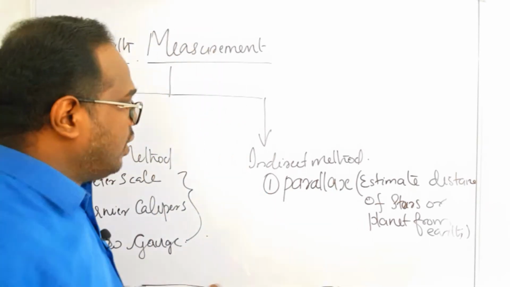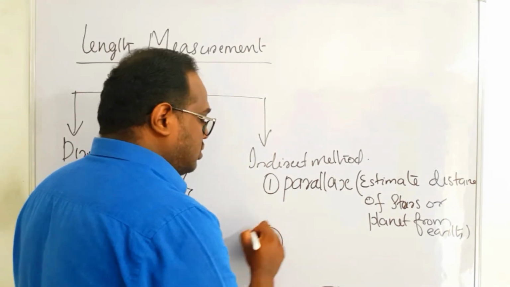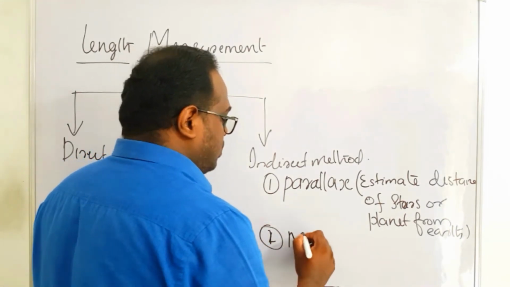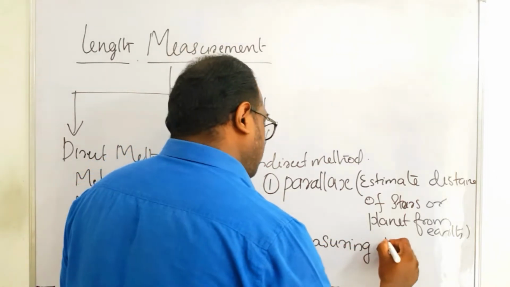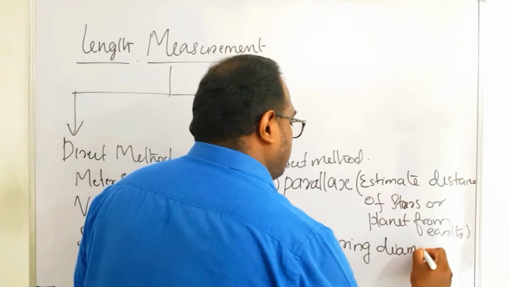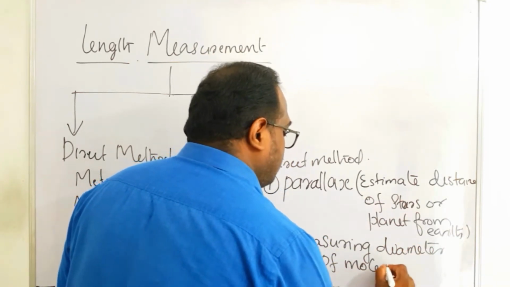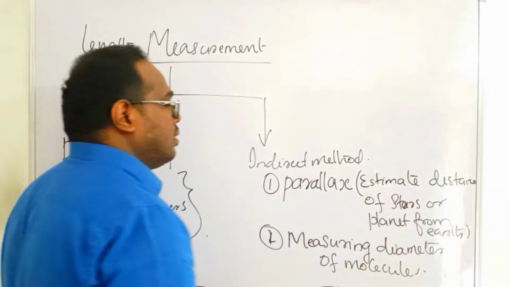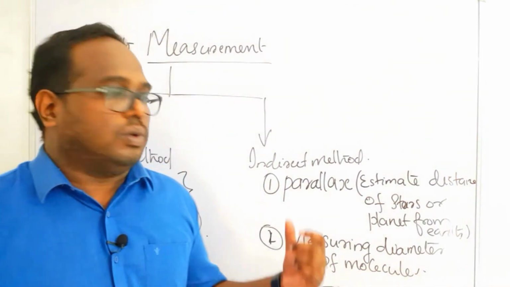Then one more method you have to study is to measure very small distance, like measuring the diameter of molecules. If you want to measure the diameter of a molecule, we have to use one experiment.